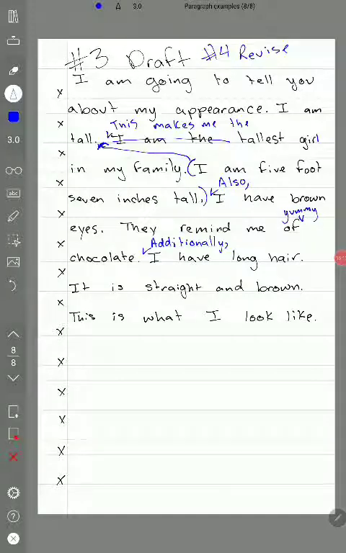This looks good. But I remembered that I said I wanted to revise my topic sentence to be stronger. I'm going to tell you about my appearance. It sounds so boring. I want to make it stronger, more interesting, so that my reader wants to know what I look like.